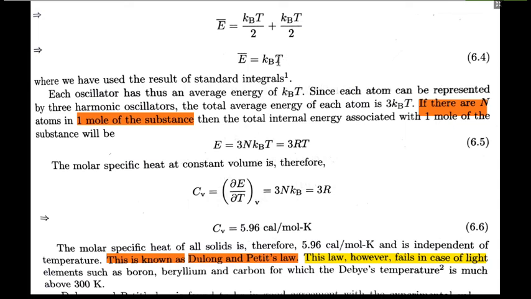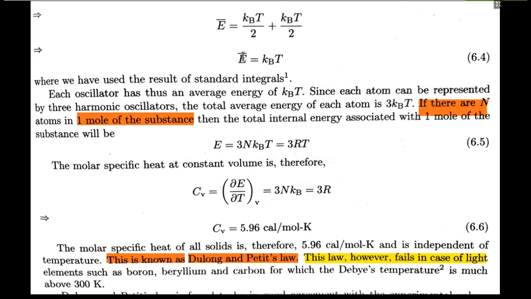That means they can vibrate along the x-axis with an energy, along the y-axis with an energy, and along the z-axis, क्योंकि 3 डायमेंशनल स्ट्रक्चर में ही हम विजुलाइज कर रहे हैं. So in this case the total energy associated with the system is 3 kT. Suppose we have N atoms in 1 mole of substance, so my total energy becomes 3 kT into N.